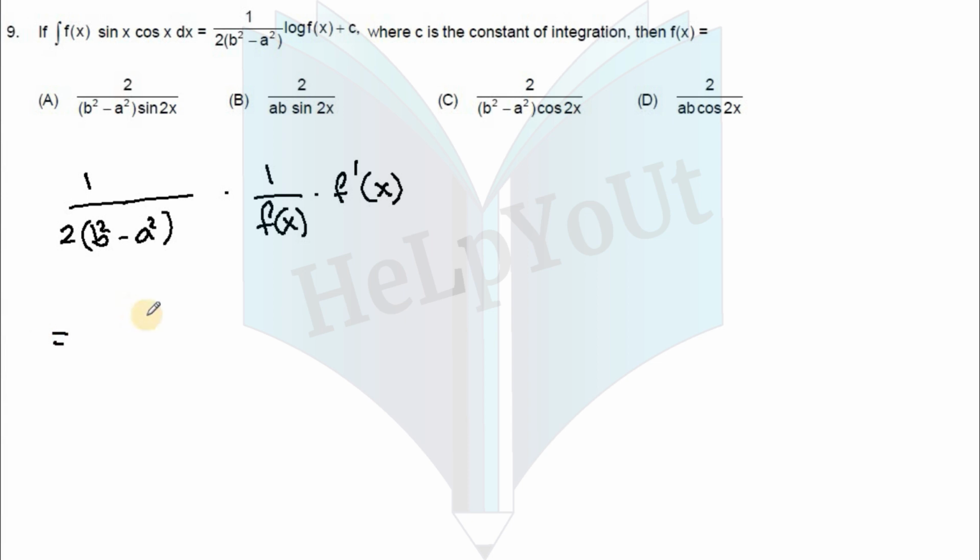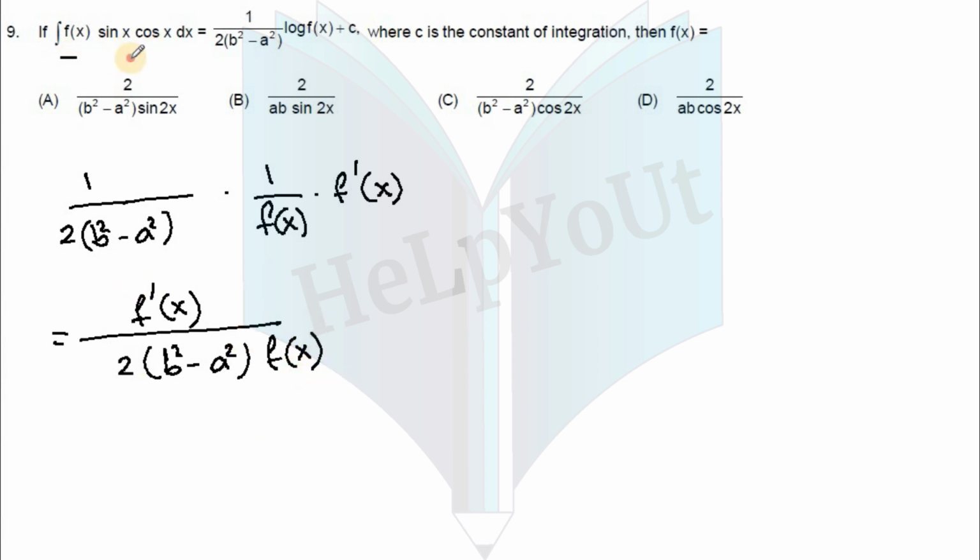So let's arrange it a little bit: f dash x divided by 2 times (b square minus a square) times f x. This part should be equal to this part, because the integration of this thing is this, so the differentiation of this should be this.